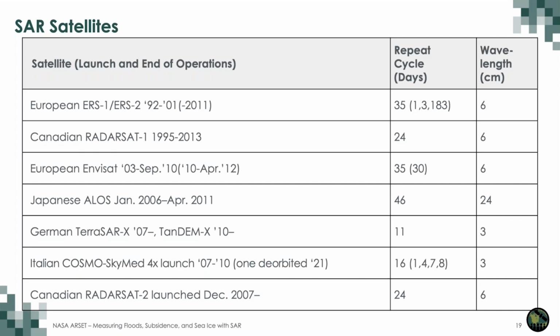Most of the early SAR interferometry work was done with the European ERS-1 and ERS-2 between 1992 and 2001. ERS-2 actually lasted for another 10 years, but the gyroscopes weren't working well, and the data from that time interval are more difficult to use.